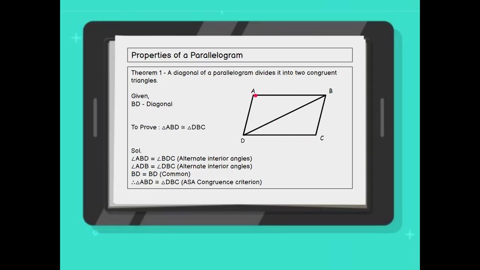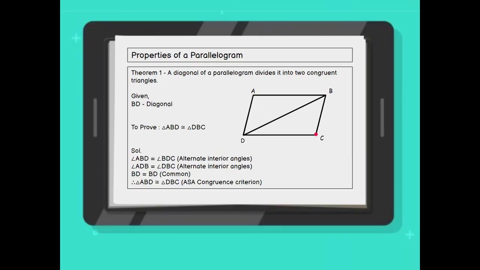Triangle A, B and D. Angle ABD is equal to angle BDC. Why? Because they are alternate interior angles. And angle ADB is equal to angle DBC.